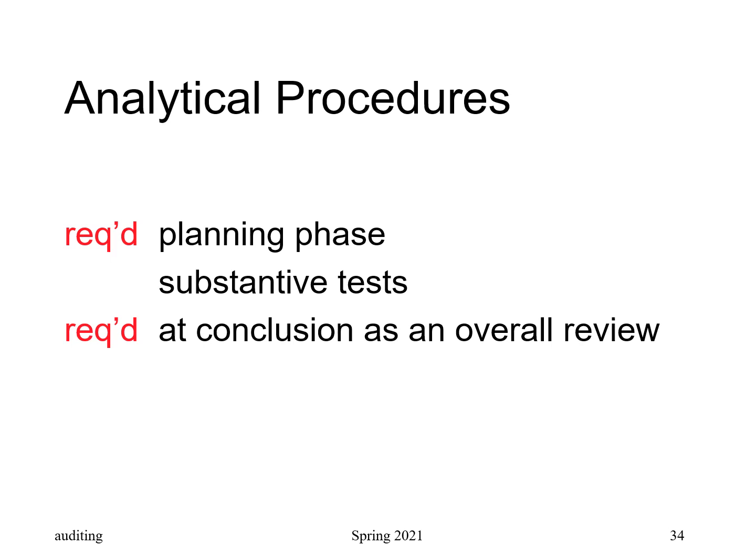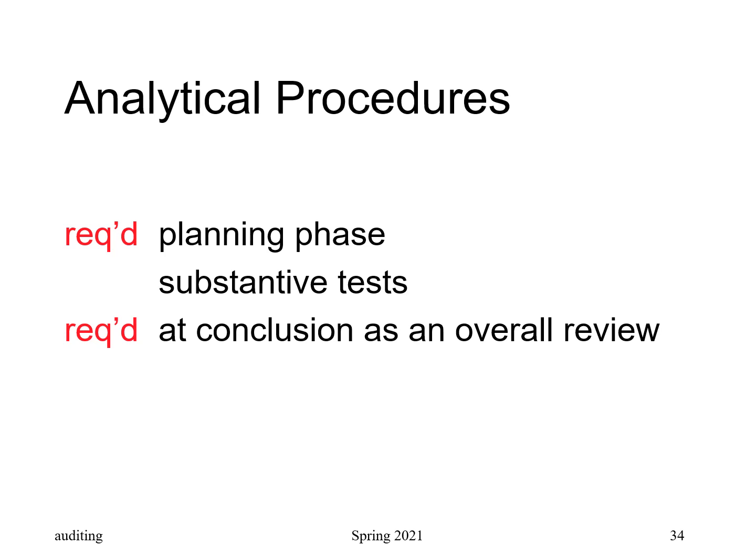Analytical procedures, we'll perform them at the planning phase, the substantive phase, and at the conclusion of the audit. Auditing standards require us to perform analytical procedures in the planning phase, and auditing standards require us to perform analytical procedures as an overall review at conclusion of the audit.